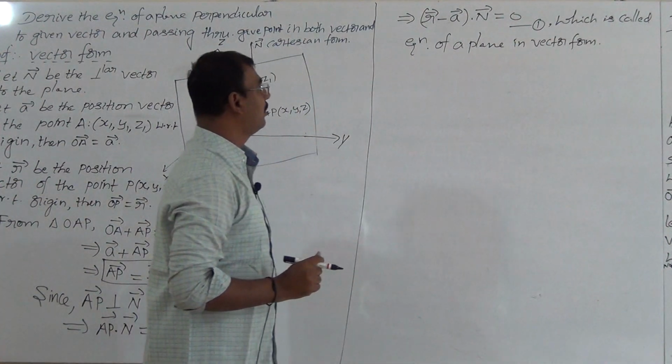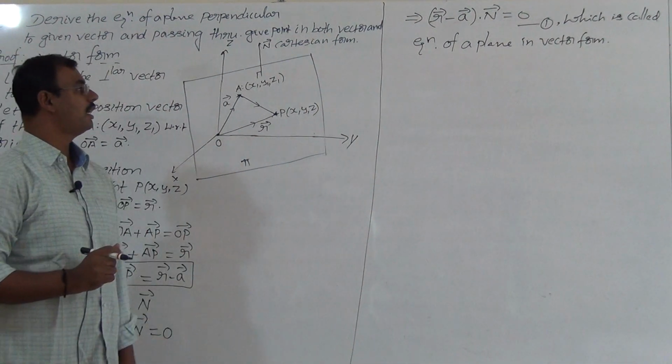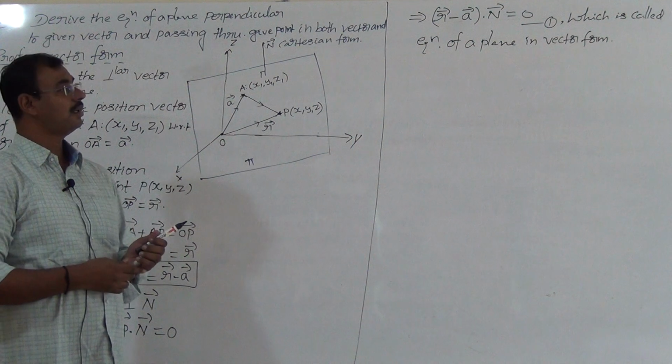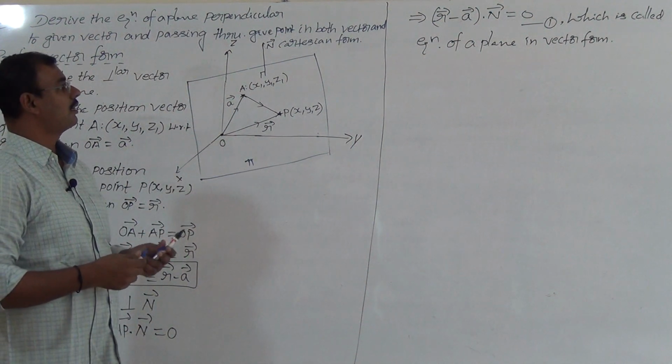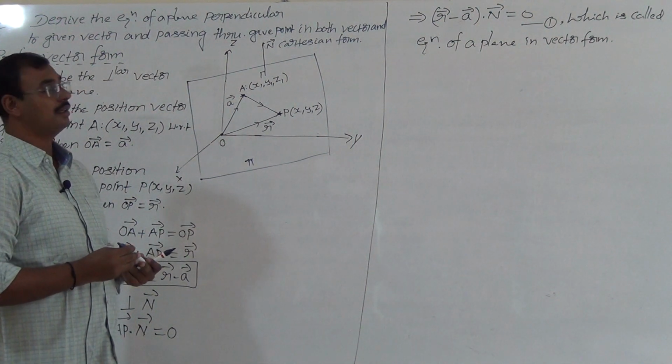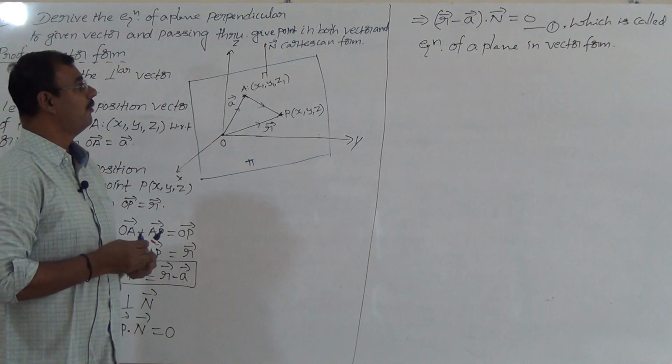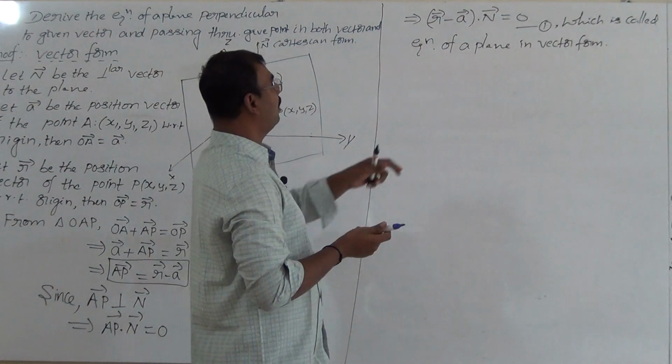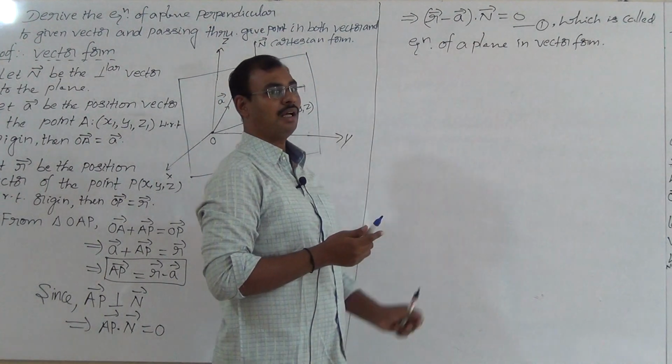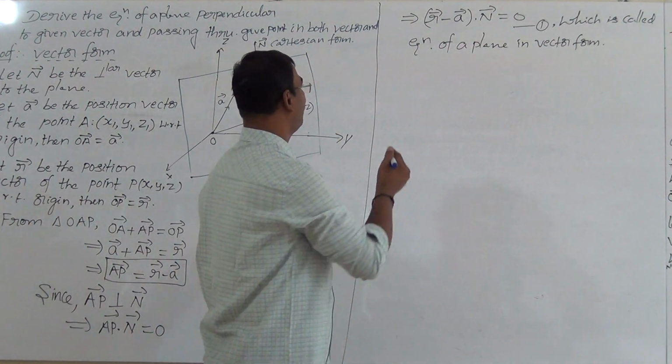So (R bar minus A bar) dot n bar equals 0 is called the vector equation of a plane. Remember, where A bar is the point and n bar is the perpendicular vector to the plane.